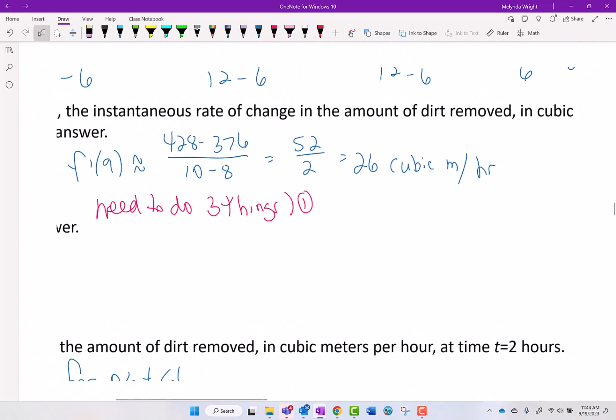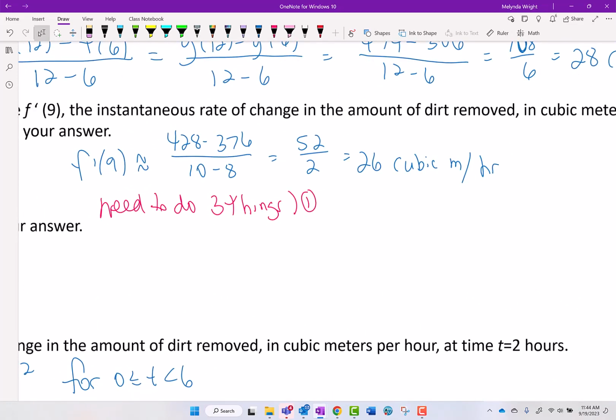Okay, we need to do 3 things. Number 1, we need to make sure f is continuous from 0 to 6. We need to check that out.